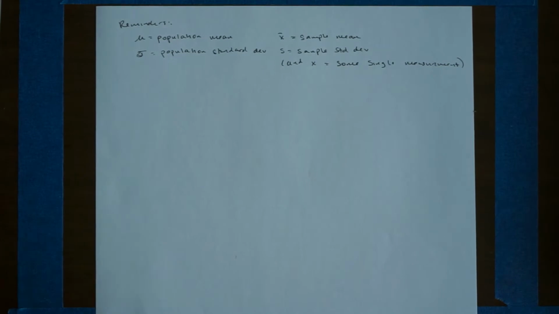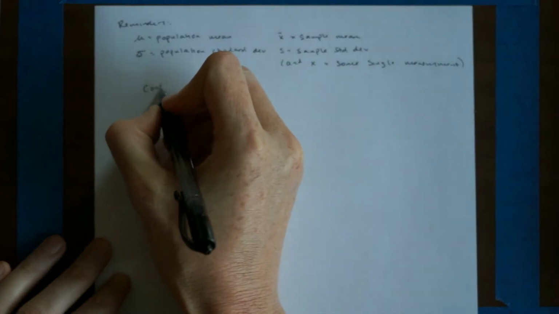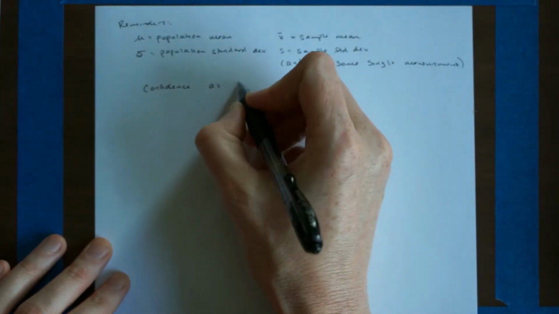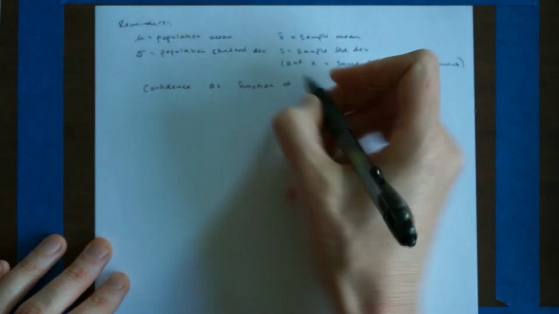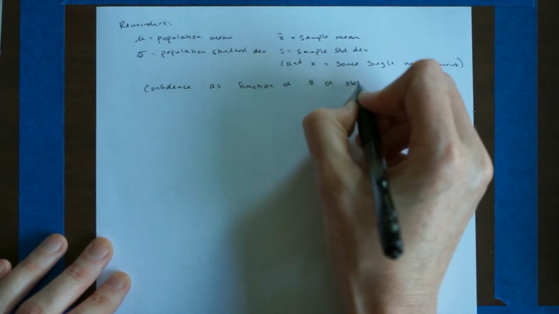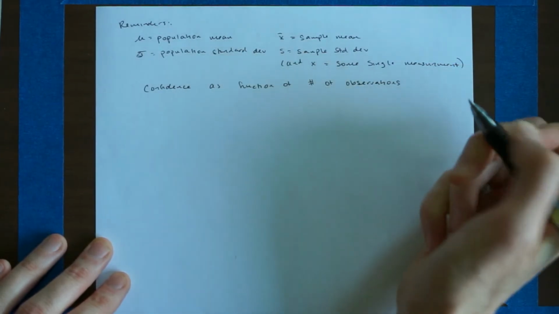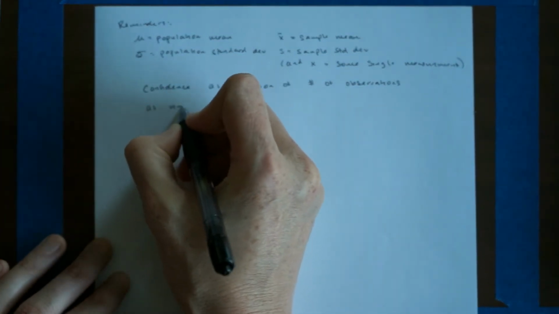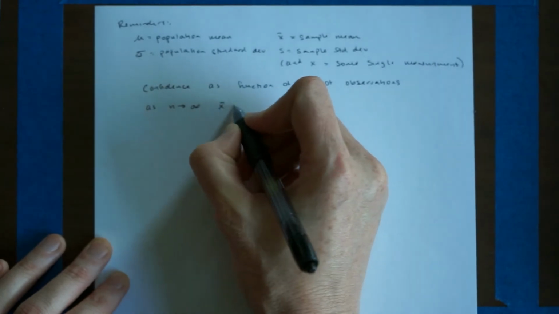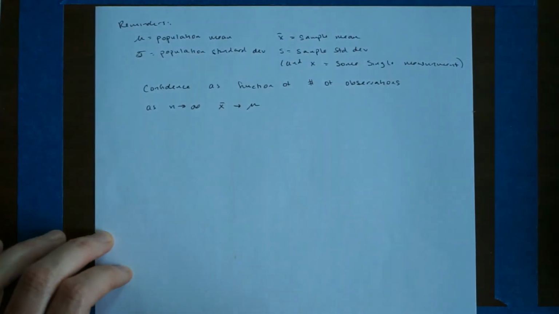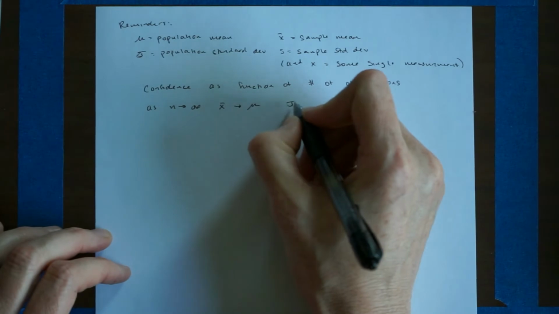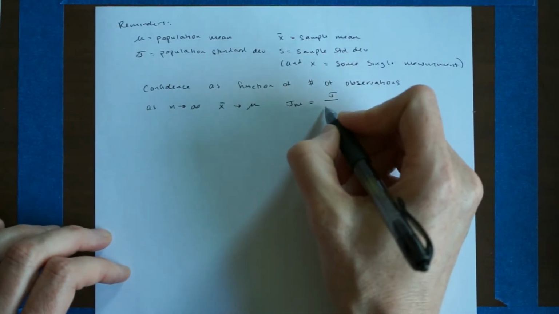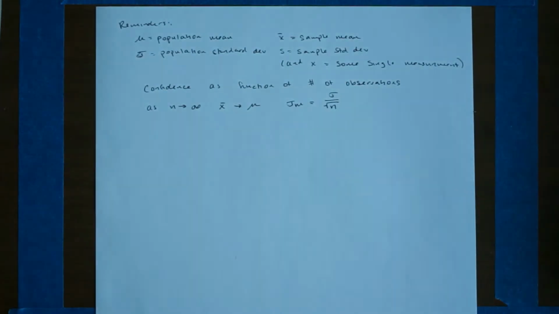So what we've been talking about in class is how our confidence in our number changes as a function of number of observations. And in class, we've seen that as n goes towards infinity, x approaches mu in a known way, where the standard deviation of the mean is the population standard deviation divided by the square root of n.